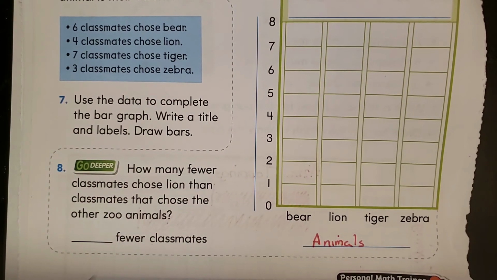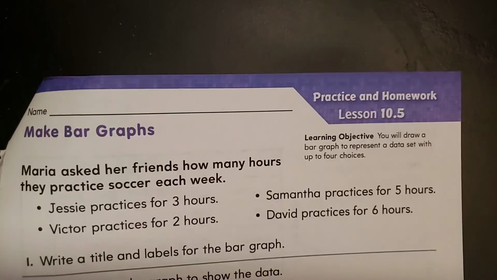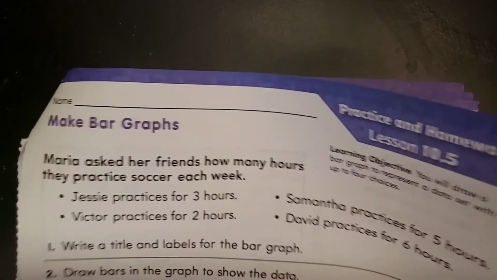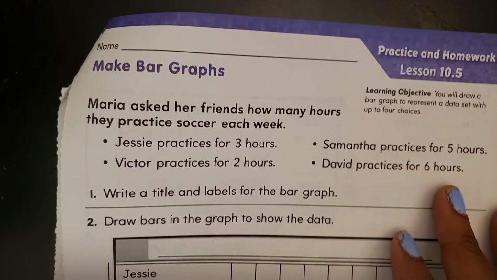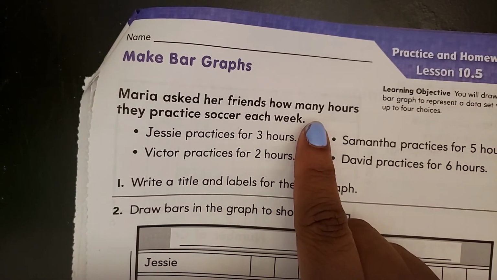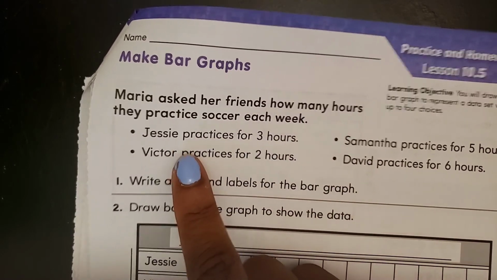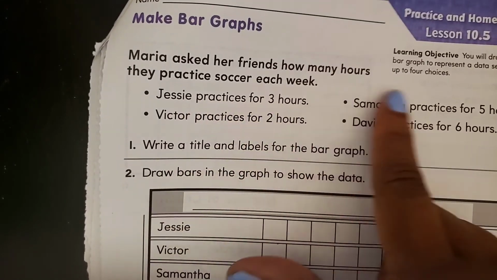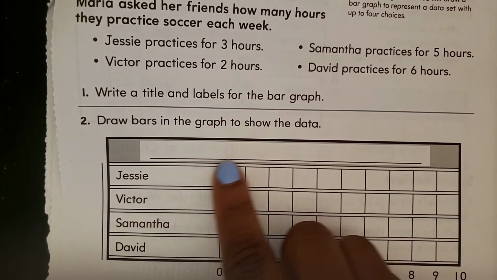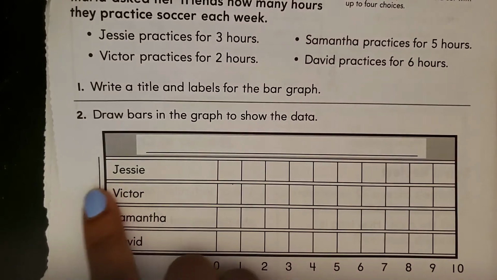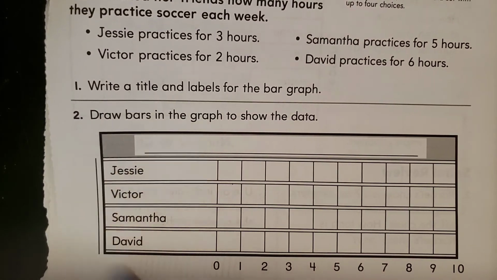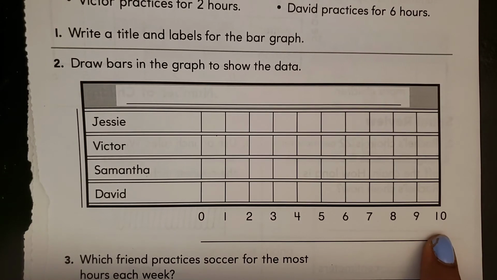Okay? Let's flip it to the next side. Page 681. Still doing bar graphs. Maria asked her friends to show how many hours they practice soccer every week, and then they give you that information. What would the title be? What would this be? What would this be down here?